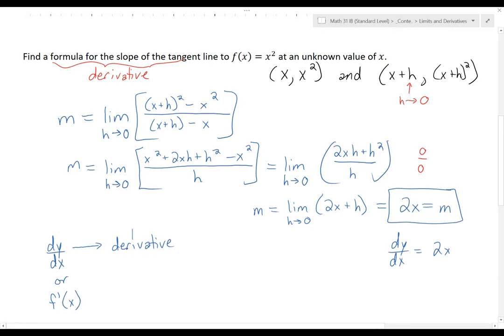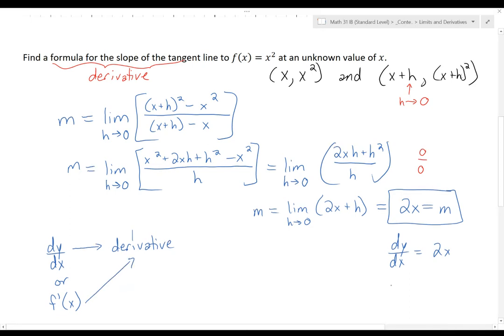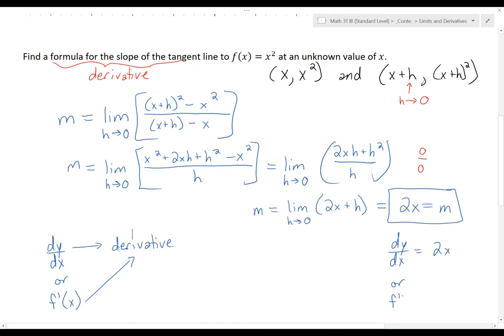The advantage of that one, if I'm dealing with functions, is that it makes very clear that I'm relating it back to the original function. It does obscure somewhat the fact that it is related to slope. We use both notations. They both have different contexts in which they might be better than the other, but both of them represent the derivative. So two different ways to express this.